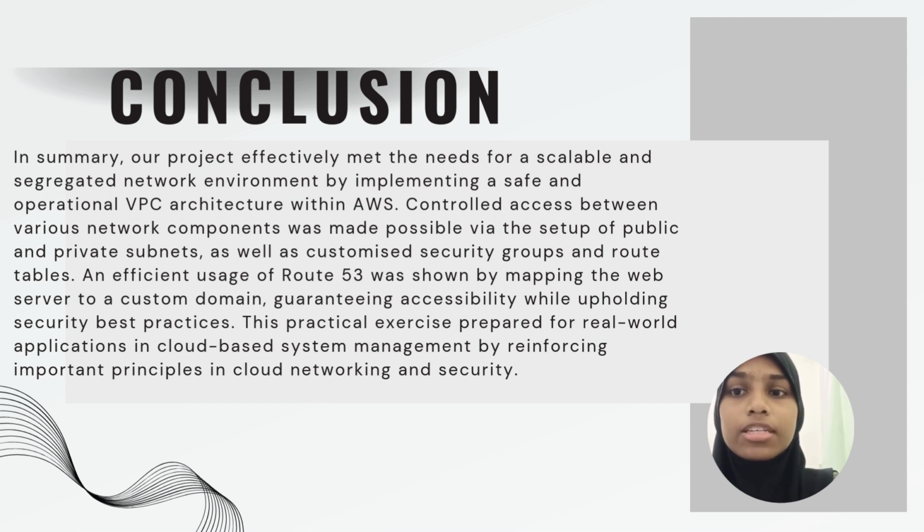An efficient usage of Route 53 was shown by mapping the web server to a custom domain, guaranteeing accessibility while upholding security best practices. These practical exercises prepare for real-world application in cloud-based system management by reinforcing fundamental principles in cloud networking and security.